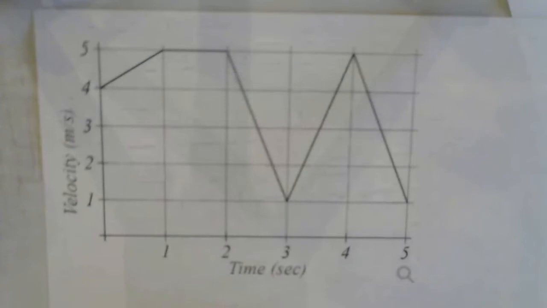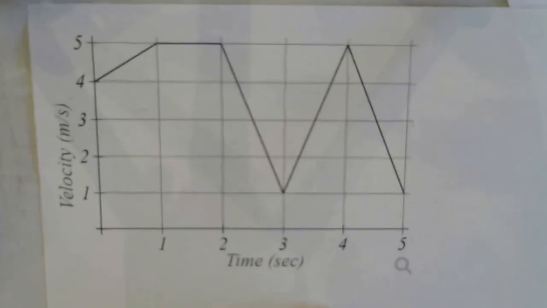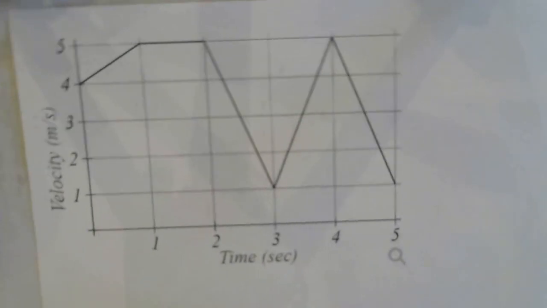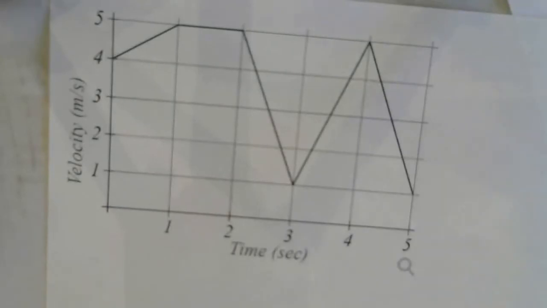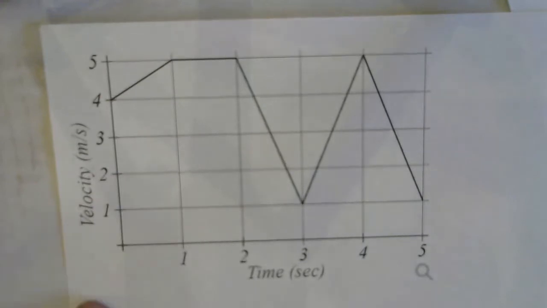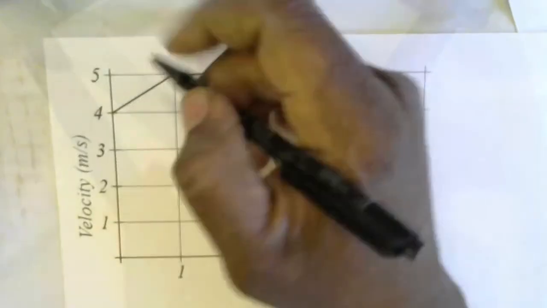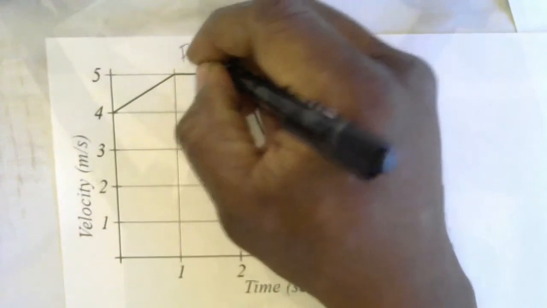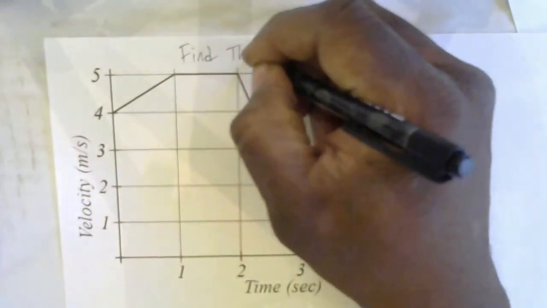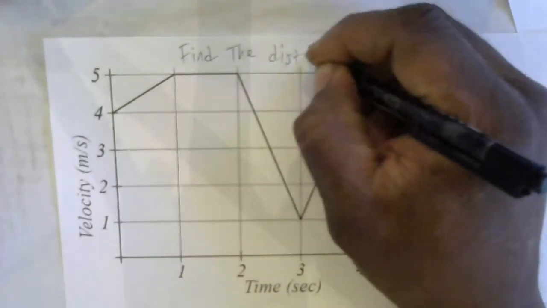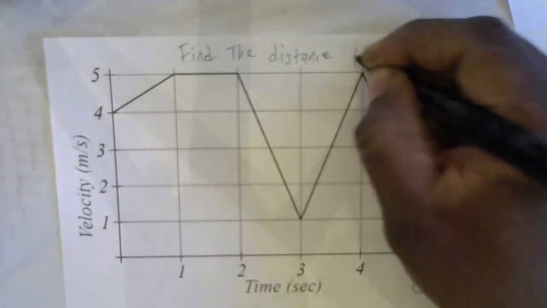All right, and I want to take a look at this problem. I believe there's a problem similar to this in the section 1.2 homework, and you will be asked to find the distance traveled.